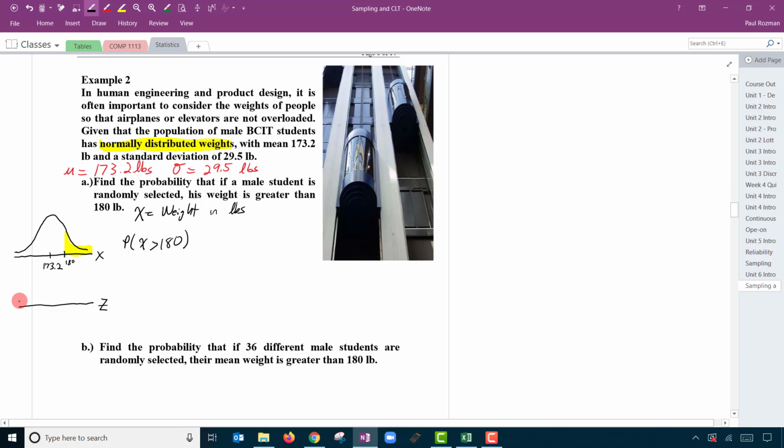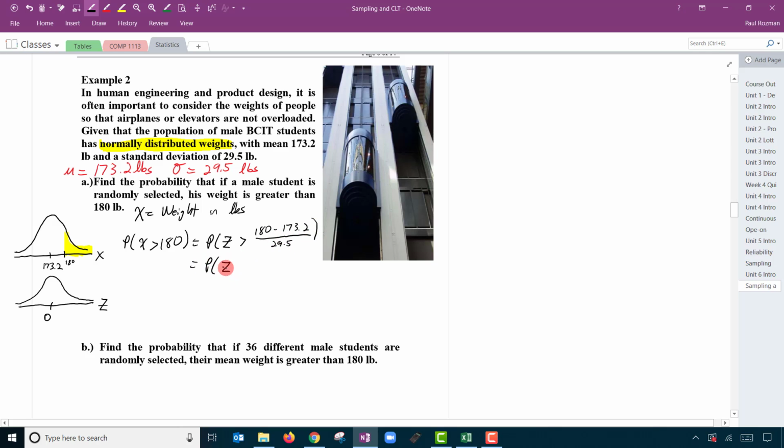We're just going to convert this to its z-score. I wanted to do an old one and compare it to the sample means version. So let's convert this to its z-score. 180 minus 173.2 over 29.5.